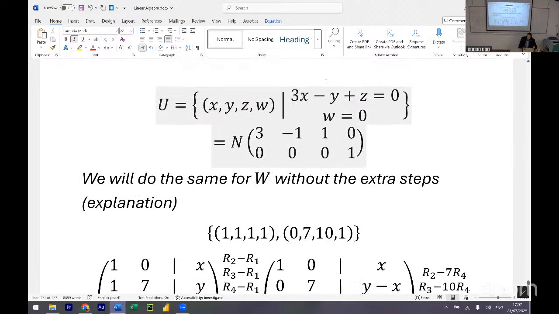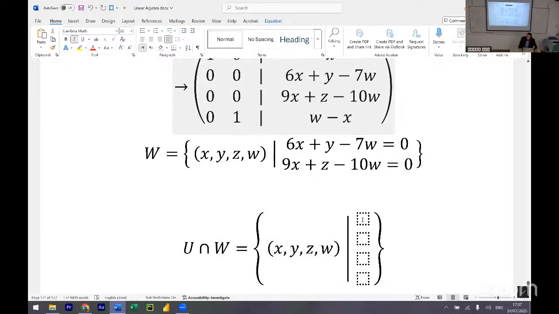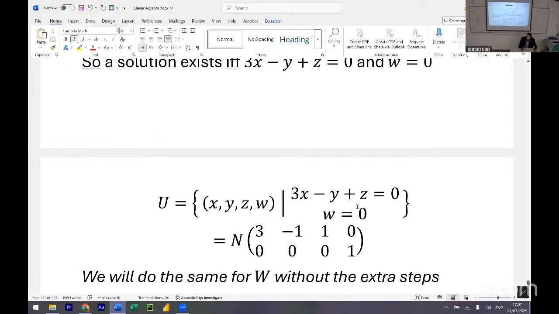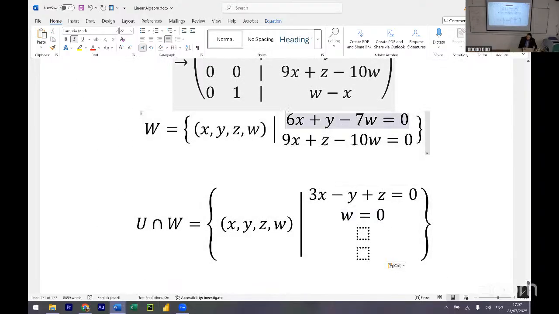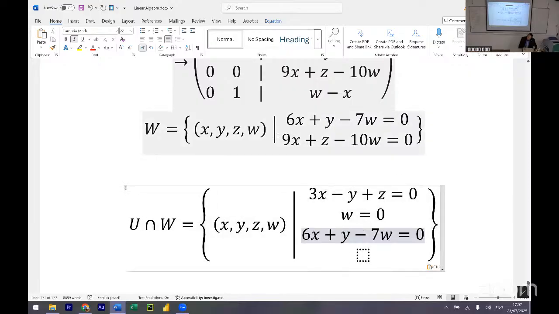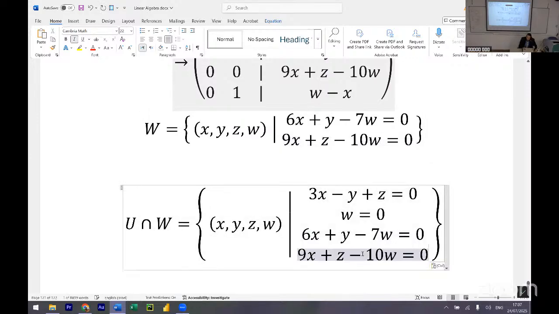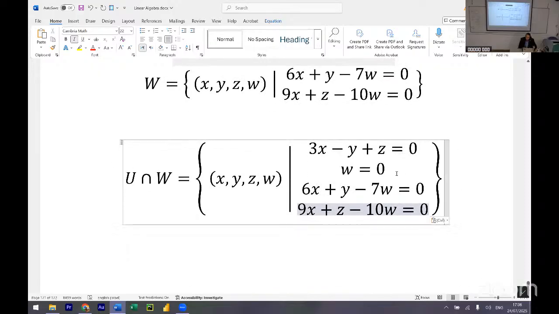Because the first two equations need to hold in order for it to be in U, and the second pair of equations needs to hold because you wish to be in W. If all of these equations hold, then you're in the intersection. So from the algebraic form of the two subspaces, you get the algebraic form of the intersection immediately. And now you have a null space of a matrix, basically.